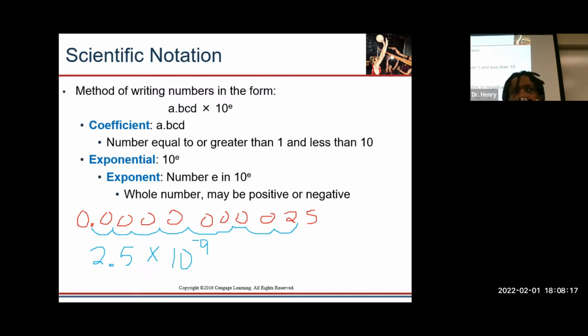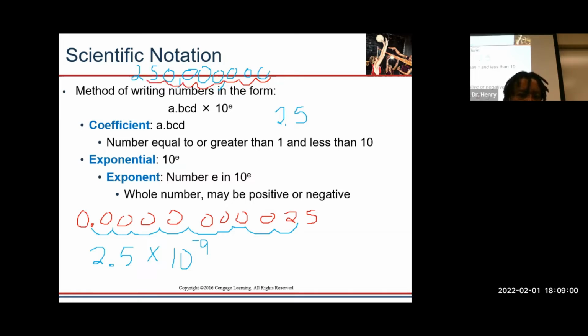You guys good? Pretty simple, not too hard. Okay. So now this works also when we have very large numbers. So if we want to change this to scientific notation, we'd start here. 1, 2, 3, 4, 5, 6, 7, 8.